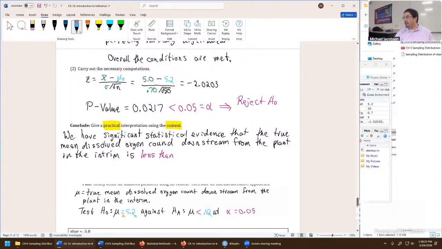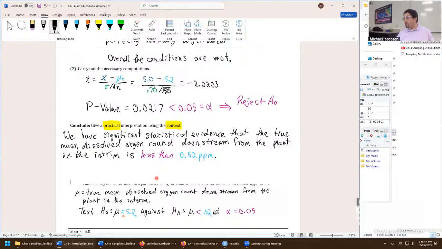We have to mention the value that we're testing, the hypothesized value, 0.52 parts per million. So that's the entire conclusion as far as the hypothesis test goes. All we're really doing again is just rewriting what we said exactly right here.